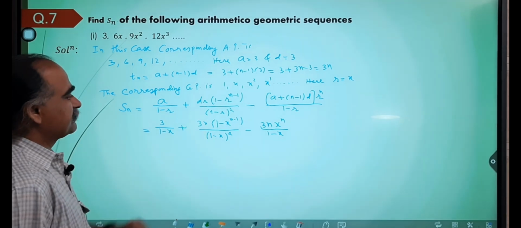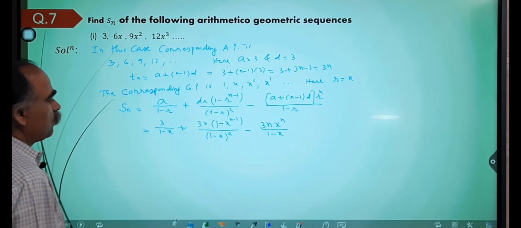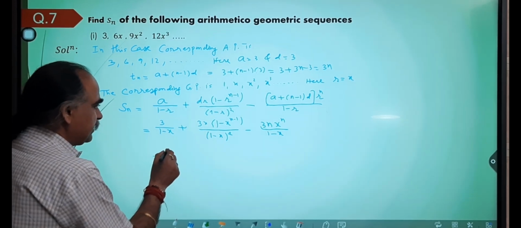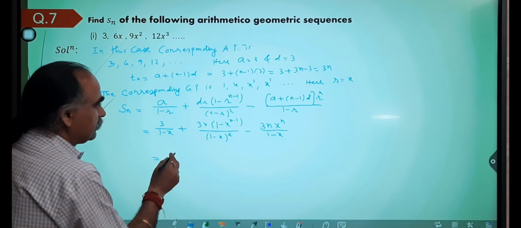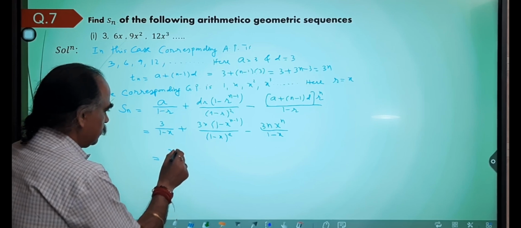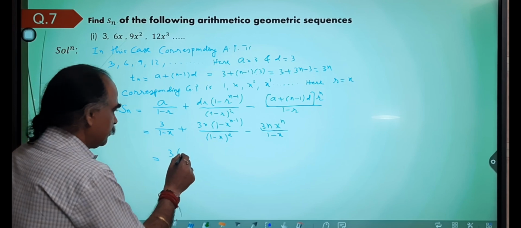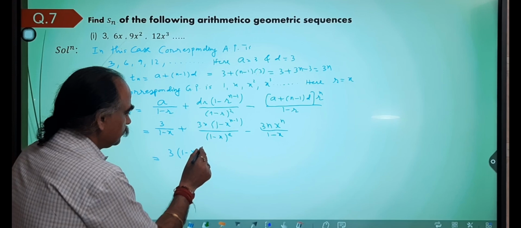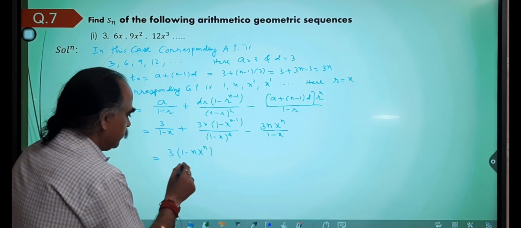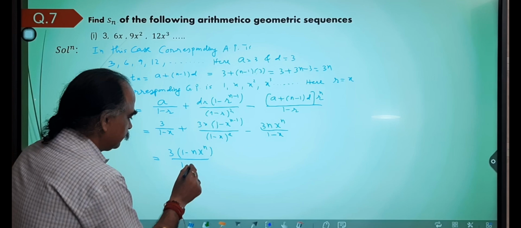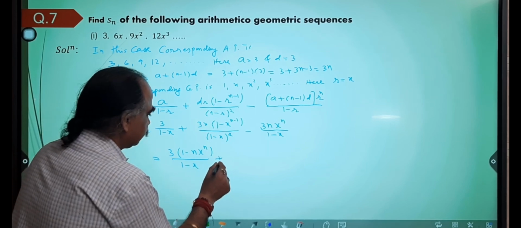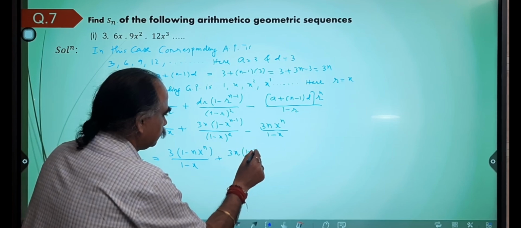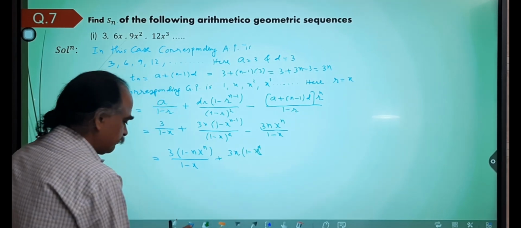Now first and last we can take 1 minus x LCM. So this will give you 3 common. In bracket you will get 1 minus n x raised to n divided by 1 minus x, plus 3x into 1 minus x raised to n minus 1.